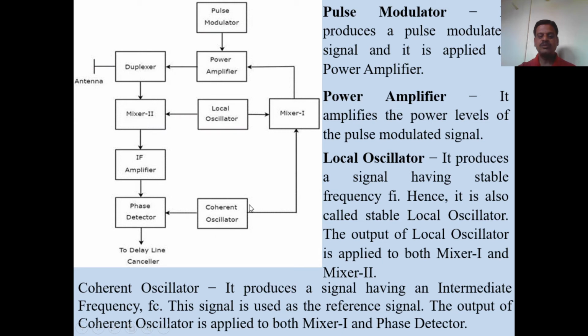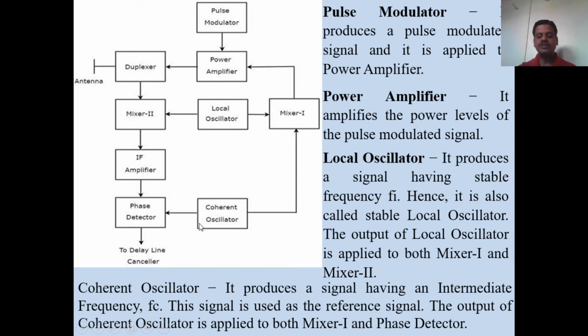Similarly, here there is another oscillator, known as the coherent oscillator, and this coherent oscillator also produces the intermediate frequency, and that frequency is Fc.